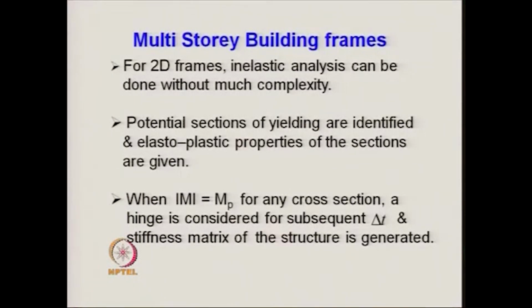Therefore, at those cross sections we check the bending moment, and when the bending moment at that cross section becomes equal to the plastic moment, or the moment carrying capacity of that cross section, we say that that particular cross section has yielded.